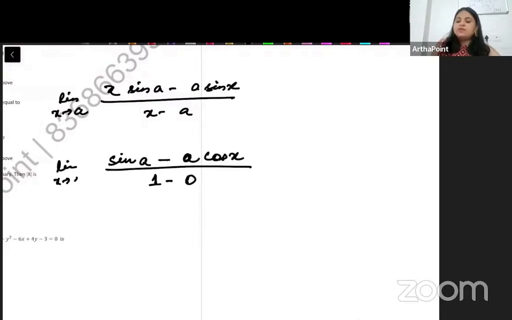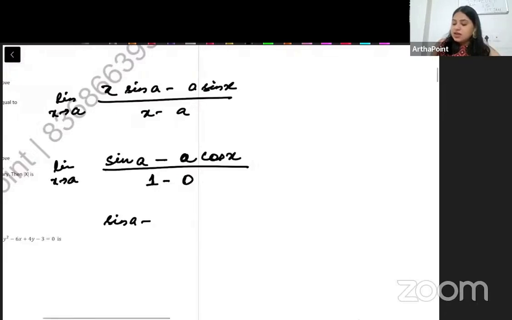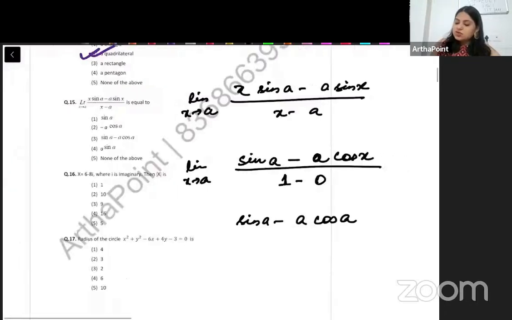So this will be sine a minus a cos a. So the answer to this question will be 3: sine a minus a cos a. That's the answer to this question.